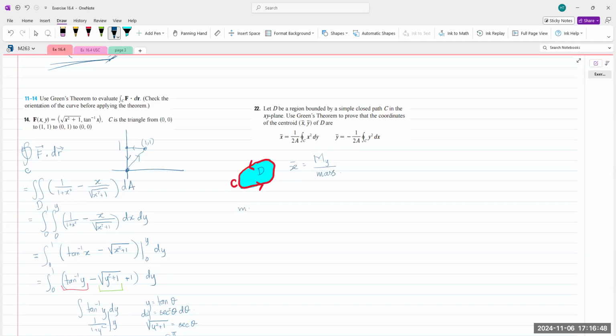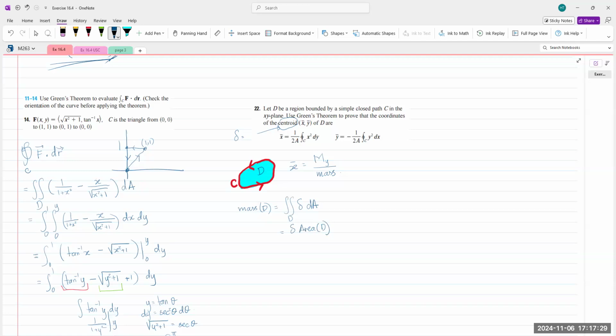The density is constant. Just call that delta. So the mass will be the double integral over D of density dA, which is basically density times the area of D.